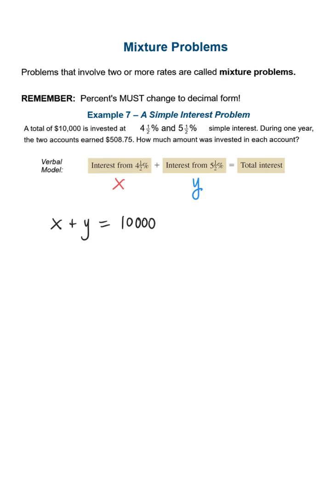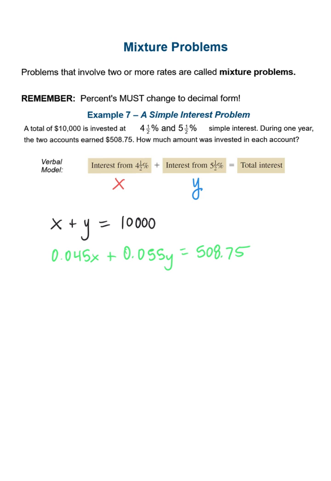The second equation is going to be 0.045x plus 0.055y is equal to the $508.75, because again, I had to change the percents to decimals.